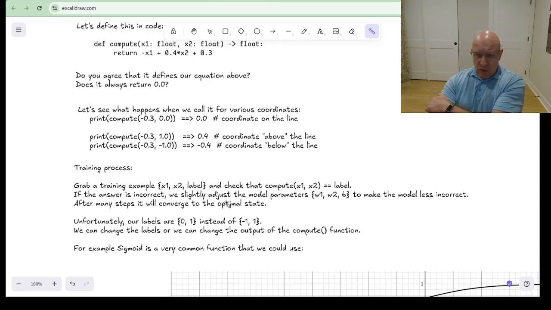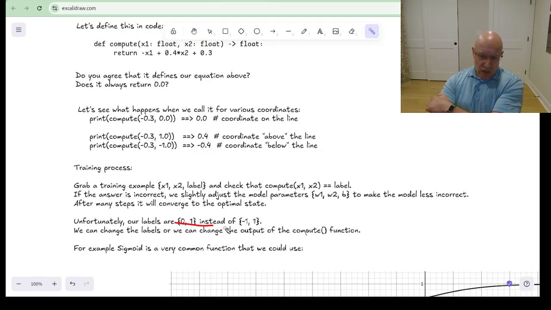Now, if you saw earlier in our data table, the labels were 0 or 1, where 1 means the item was purchased, and 0 means the item was not purchased. But the way we define this function, we want positive numbers to be above the line and negative numbers to be below the line.